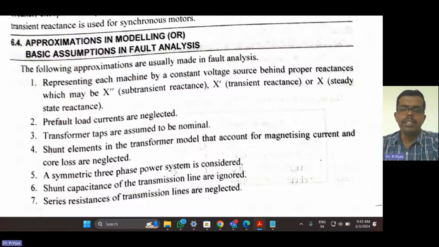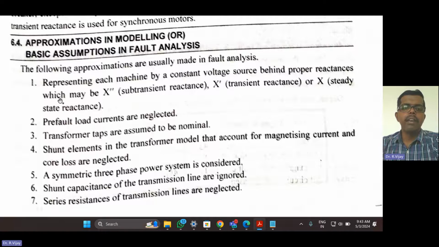For all machines, you need to make a proper reactance, or a proper impedance, for that particular equipment. So for all the equipment connected in a bus, you need to make the proper reactance or impedance. That might be indicated by X double dash for subtransient reactance, X dash for transient reactance, and X for steady state reactance. So that you need to remember.